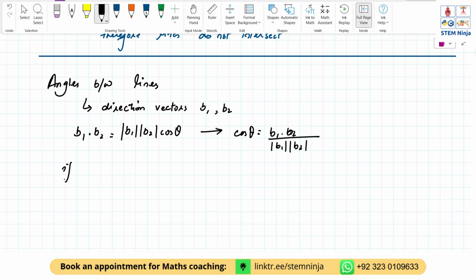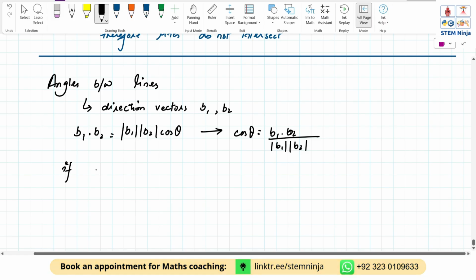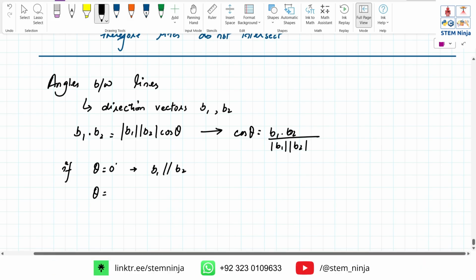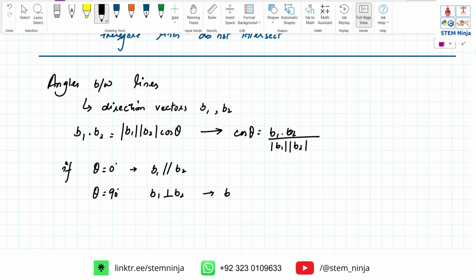Now, recalling the scalar product discussion, if theta is equal to 0, the lines would be parallel, or the vectors would be parallel to each other. Similarly, if theta is equal to 90 degrees, B1 and B2 are perpendicular, so B1 dot B2 would come out to be 0.